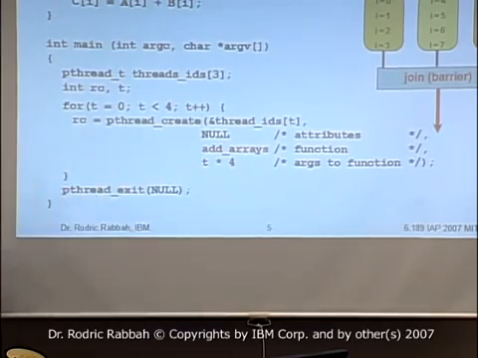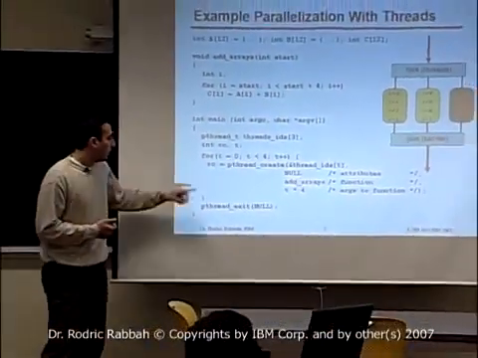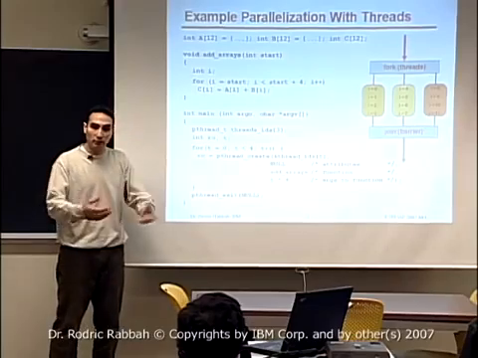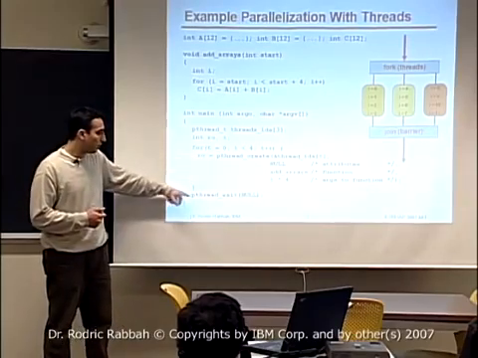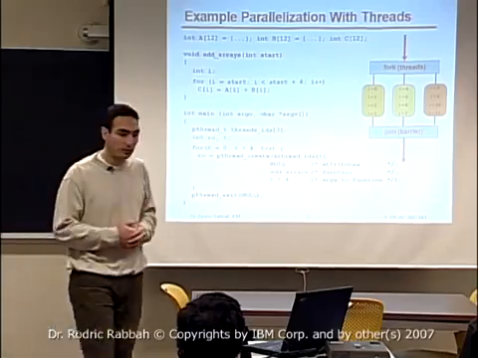And then some arguments to the function. So here I'm just passing in the index at which each loop should start. And after I've created each thread, implicitly in the thread creation, the code can just immediately start running. And then once all the threads have started running, I can essentially just exit the program because I've completed.